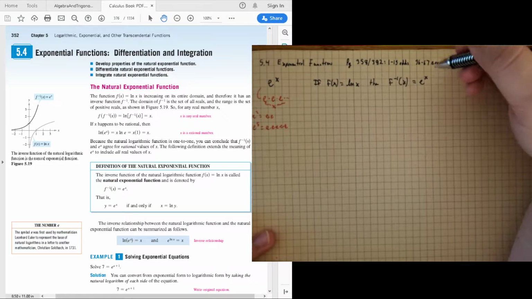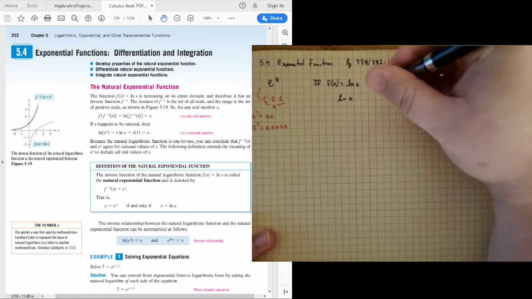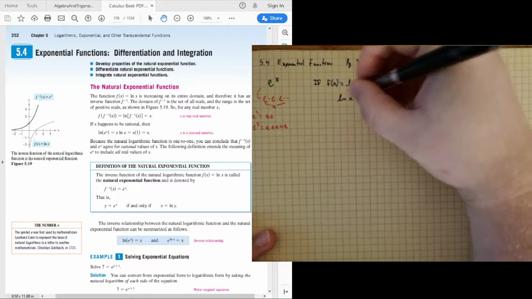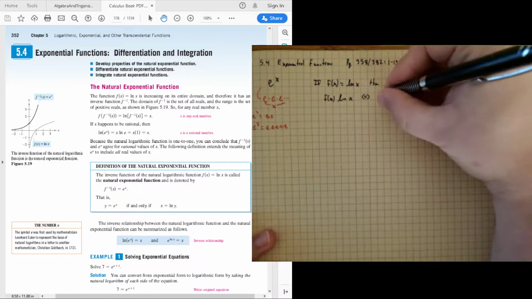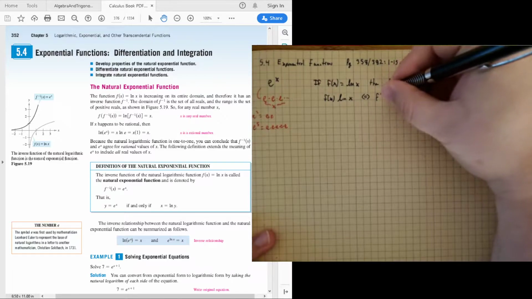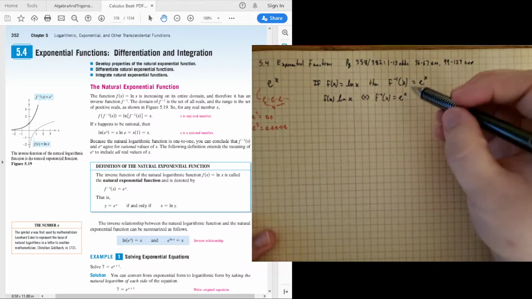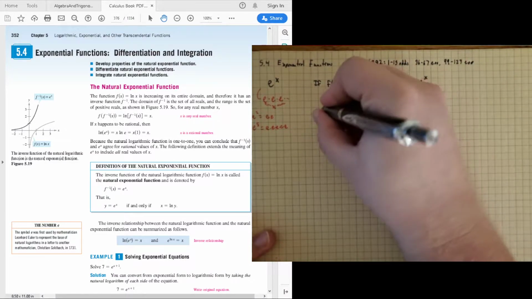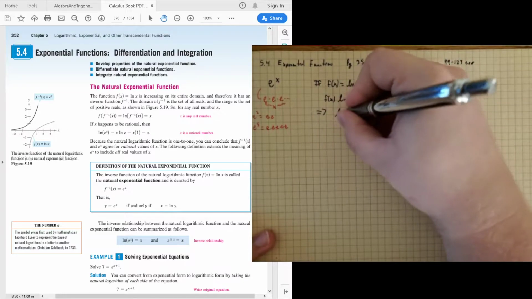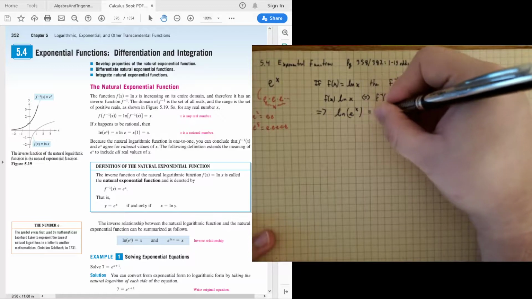So, in other words, if ln of x is our f of x, then f inverse is our e to the x, and it also works backwards. So the inverse of e to the x would be ln of x. And furthermore, the big complication, if you have a natural log of e to the x, it's going to equal x.